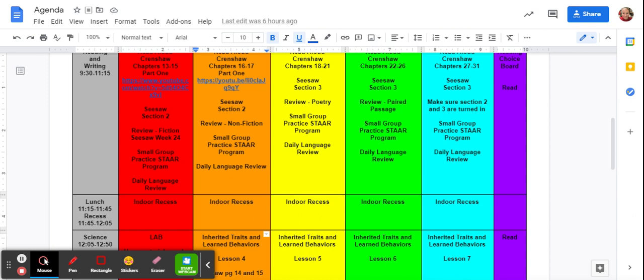And then we did some review with nonfiction, and this is in your seesaw. So we opened seesaw twice. So we had this one right here, week 34 nonfiction. We had this in one tab.